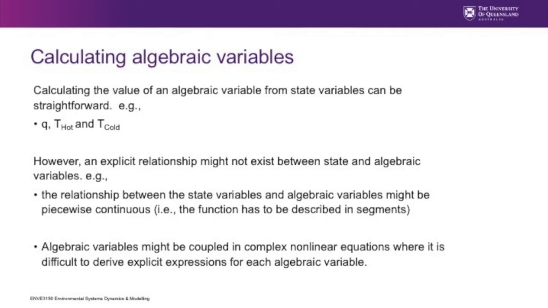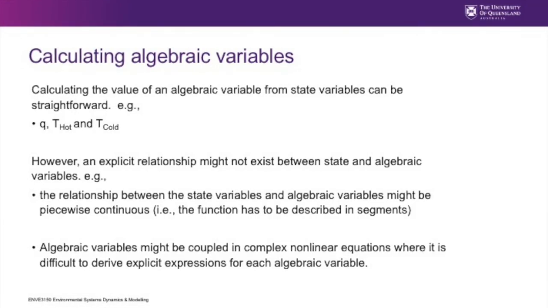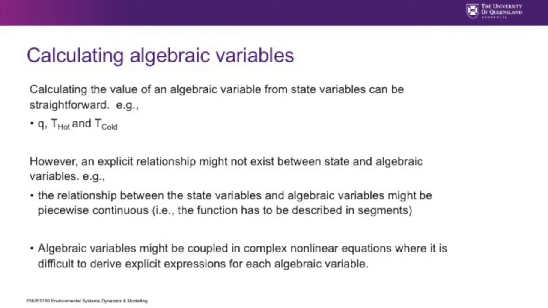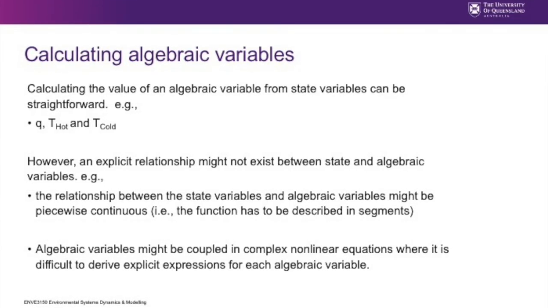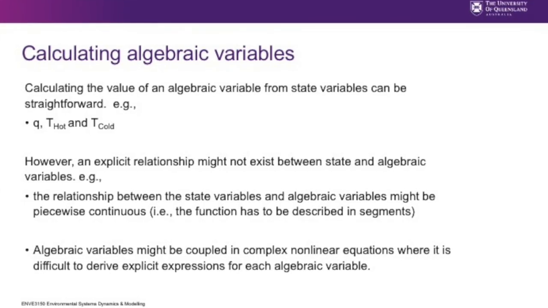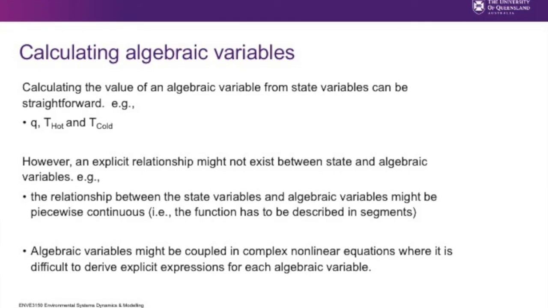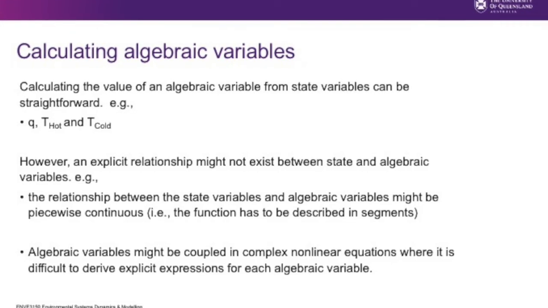Why are we spending so much time on the definition of these algebraic variables? There are two main reasons, and one is that these are not always straightforward, and the calculation actually requires you to understand that these are also dynamic variables that also change in time, well, in our case, only in time, and that's why we are not calling them in terms of vectors.